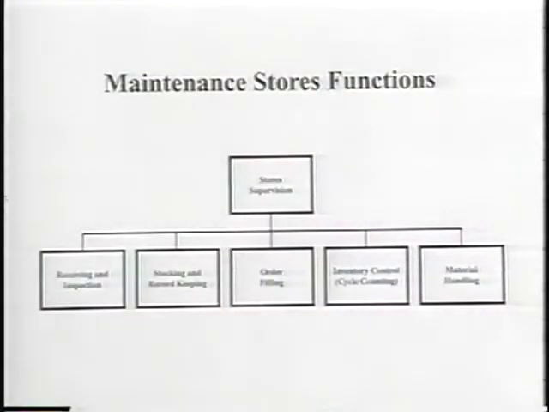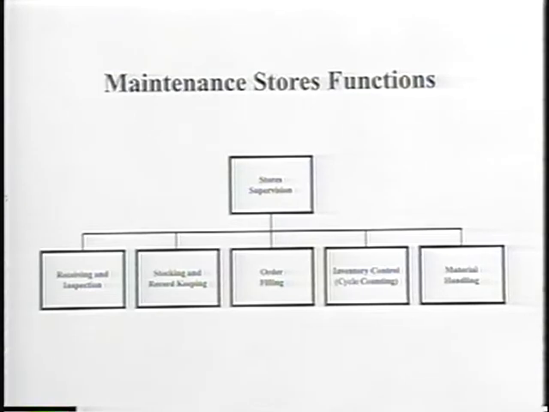Now, as I indicated a moment ago, page number 12 is an organization chart, not by people, but by function. And again, the top box in the center indicates someone is going to be the supervisor of the storeroom, and moving from left to right, the various functional activities.